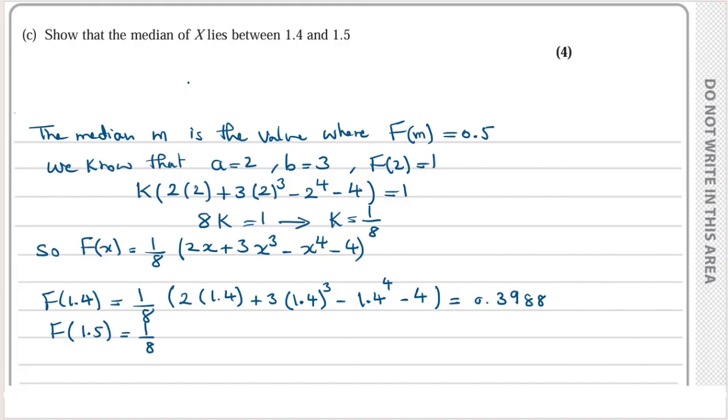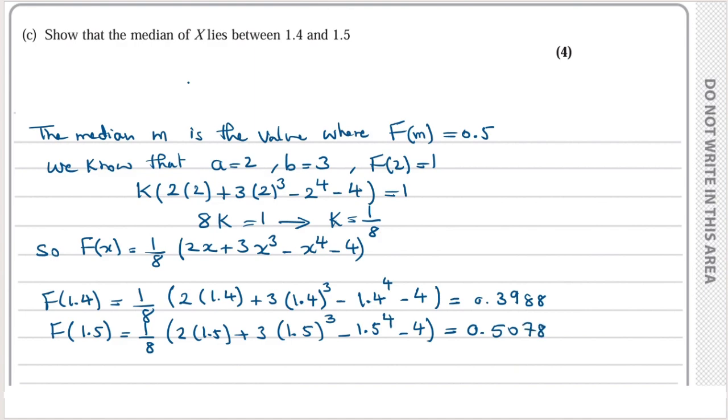We get 1 over 8, 2 times 1.5 plus 3 times 1.5 cubed minus 1.5 to the power 4 minus 4, and from the calculator we get 0.5078.